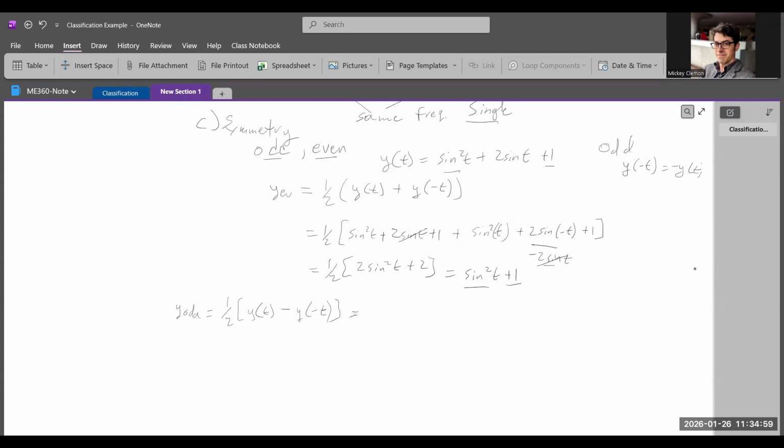Okay, so this is going to be 1/2 of sine squared t plus 2 sine t plus 1 minus the quantity sine squared minus t plus 2 sine minus t plus 1.